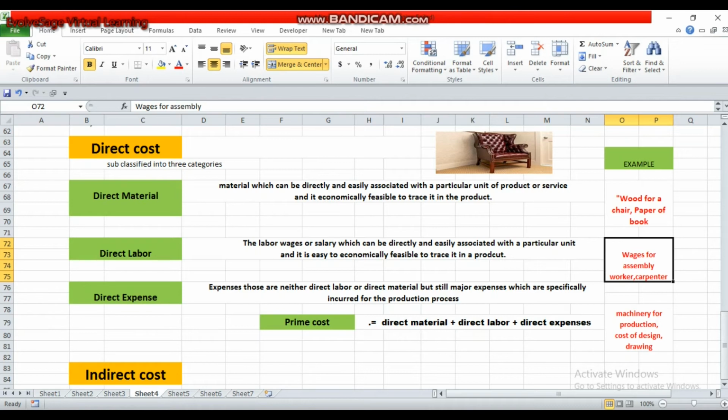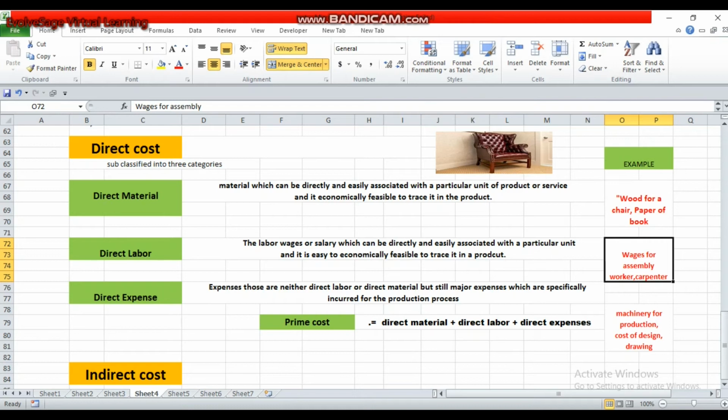So the expenses which are directly, conveniently and wholly identifiable to a specific product line or single product will be called direct expenses.